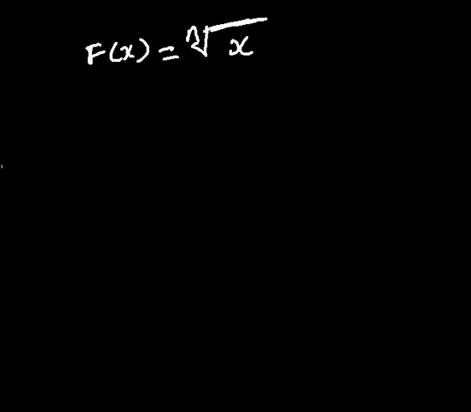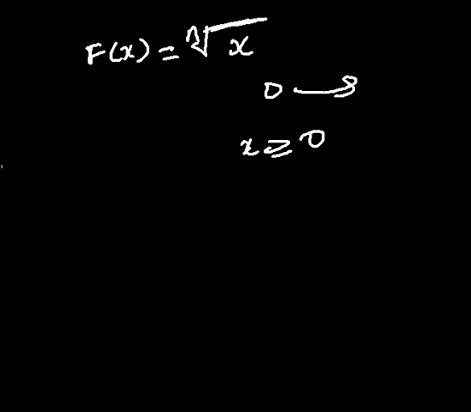Now for this case, if n is an even number, the input of the function, which is x, has to range from 0 to positive infinity. So any positive value, including 0, will be part of the input. That's why we say x should be greater than or equal to 0.